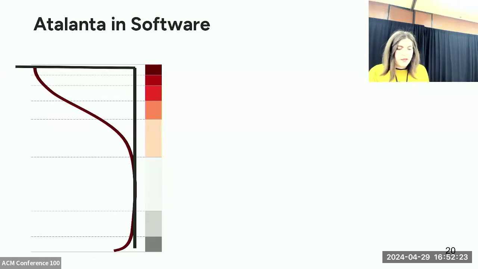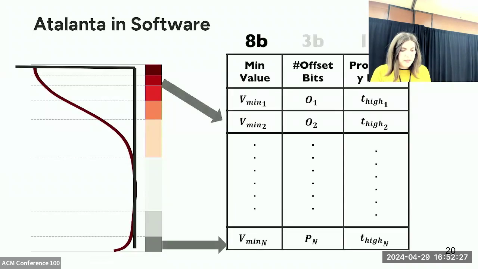After figuring out the sub-ranges, a probability table is created for each sub-range, and the minimum value is stored in 8 bits. The number of offset bits is stored in 3 bits, and the probability limit that indicates the sub-range frequency is stored in 10 bits.